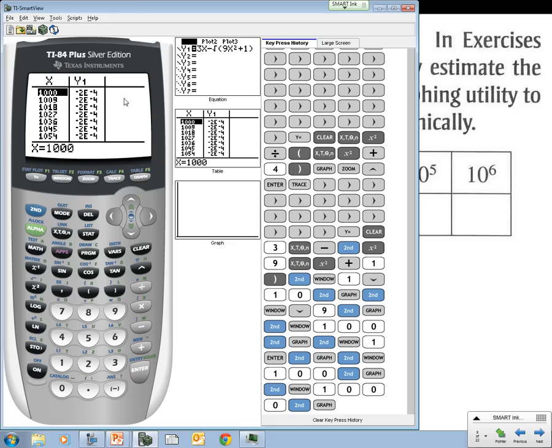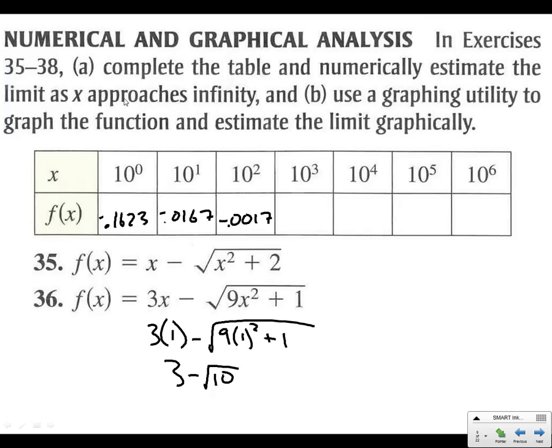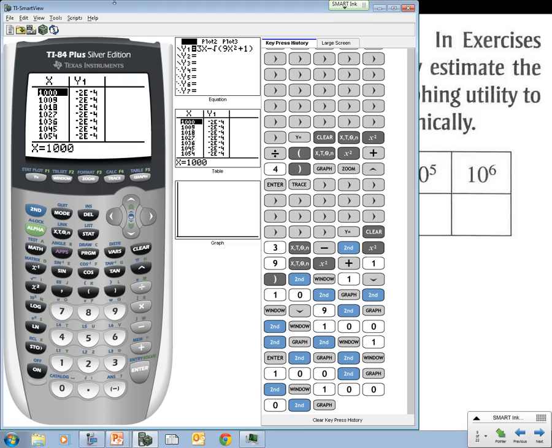We get negative 2e to the negative 4th. Okay, so as you can see here, we're getting smaller and smaller and smaller, and so our limit here is going to be 0. All right, and we can go ahead and confirm this graphically.